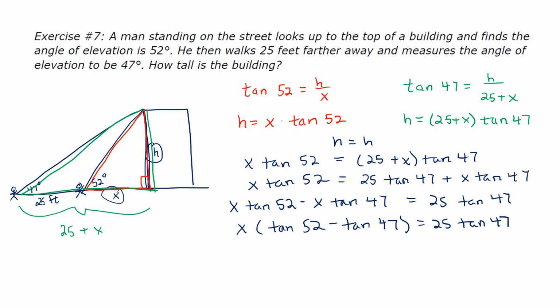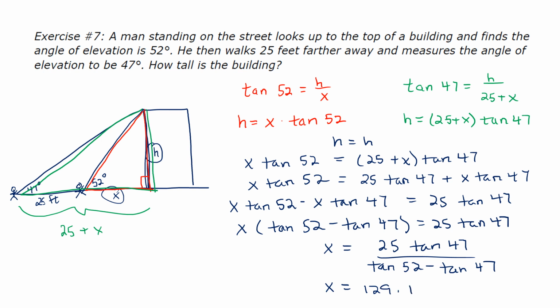Now to get x by itself, I'm going to divide both sides by tan of 52 minus the tan of 47. This whole ratio I'm going to enter into my calculator, and I'll get 129.15566.